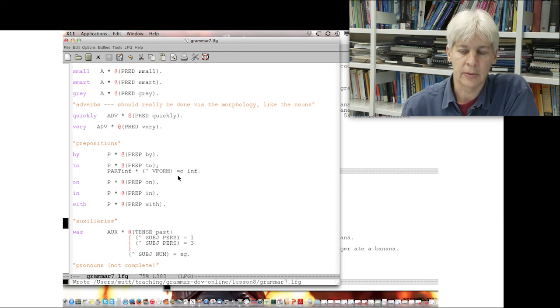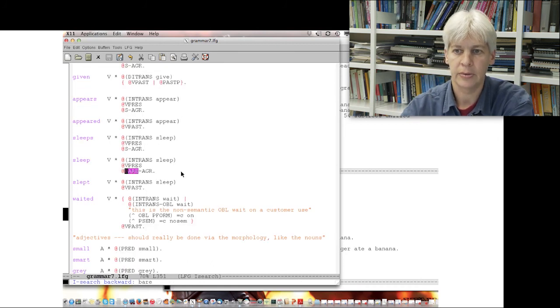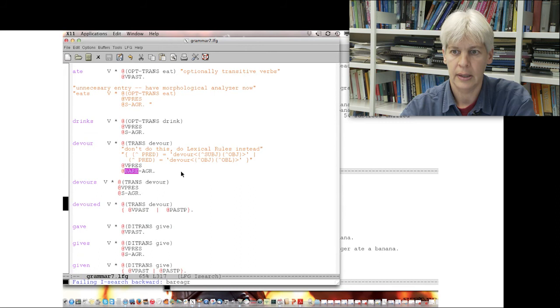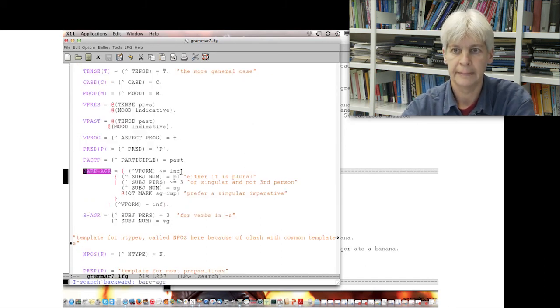So now this will require that the disjunction in bare agreement will be triggered if there's a to around. Okay, let's try that. I actually personally hate agreement because it gets very tricky very quickly, even in English. But let's try it this way.